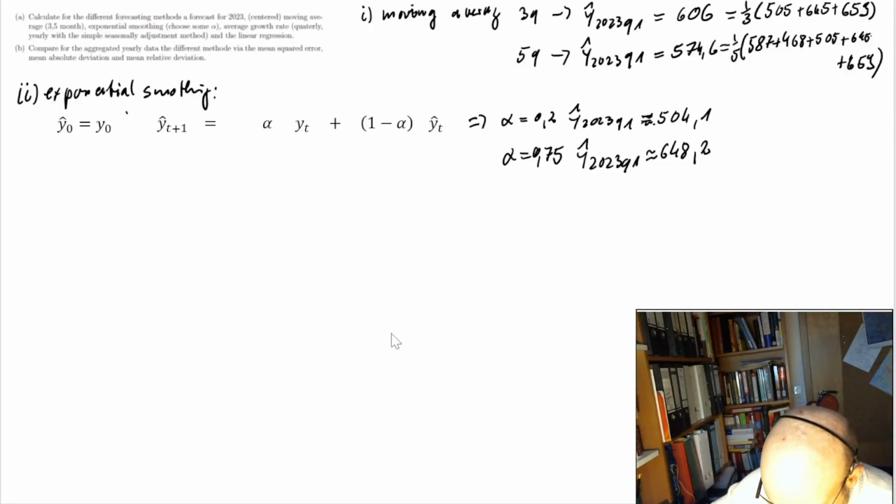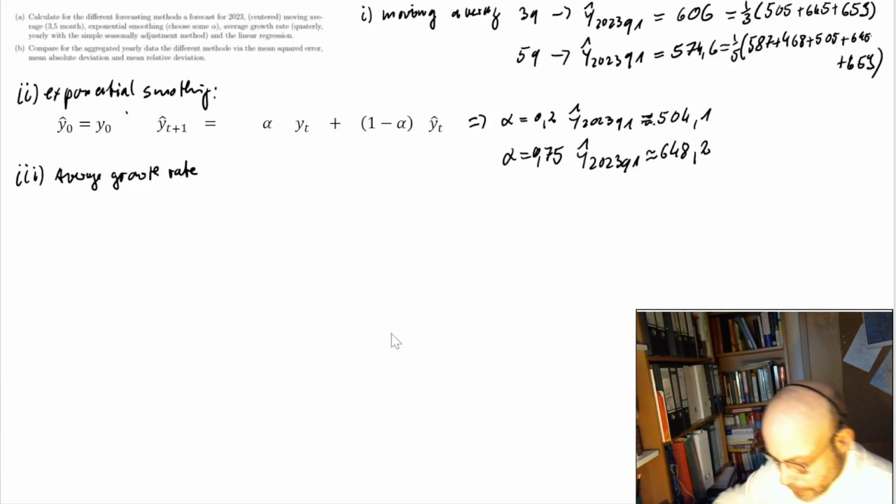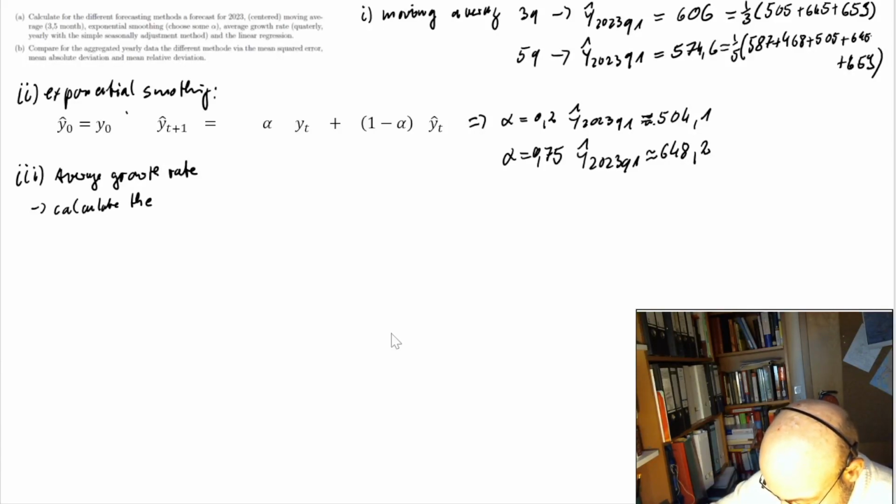So average growth rate, then calculate the average growth factor.